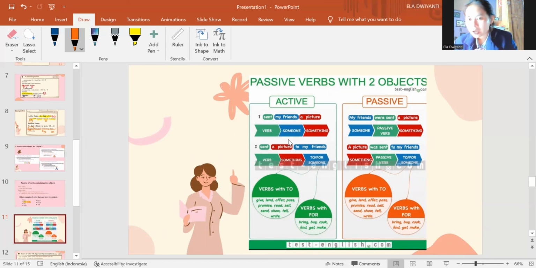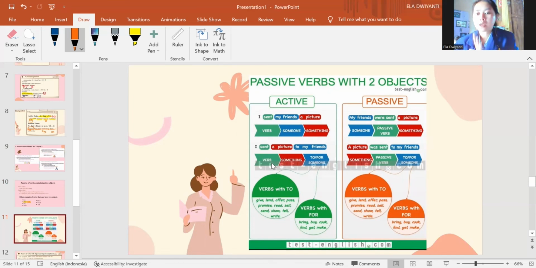In the passive voice, it can be changed: "My friend will be sent a picture." Someone becomes the subject, then the passive verb, and something. The second example is "Send a picture to my friend."